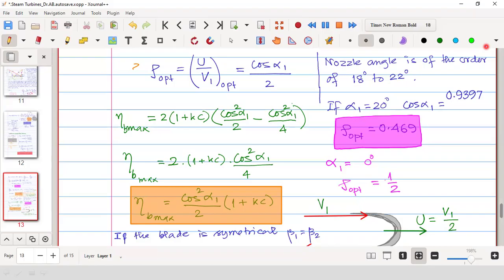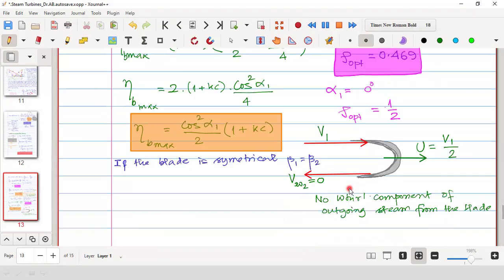That indicates that C is equal to 1. Therefore, C is equal to 1. So, in that case, eta B max will be equal to cos square alpha 1 divided by 2 multiplied by 1 plus k.